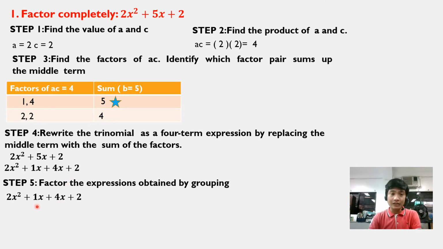Kung ating titignan, sa first group, meron pong common factor. Sa second group ay meron ding common factor. Ang common factor po sa first group ay x. Pag nilabas mo yung common factor nila, you will have x quantity 2x plus 1. Paano nangyari yon? 2x squared plus 1x, there is a common factor of x.